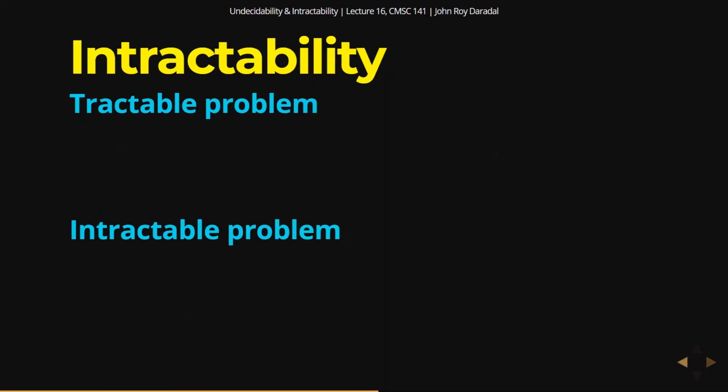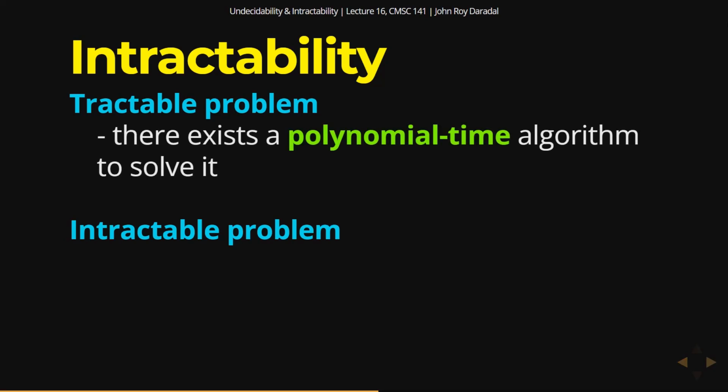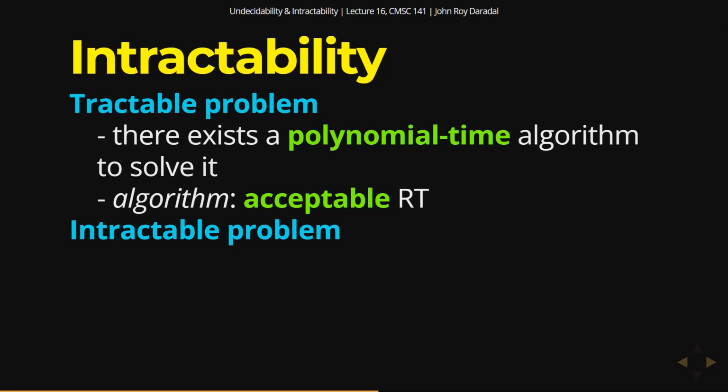Okay, so if we have a tractable problem, there exists a polynomial time algorithm to solve it. The algorithm runs in polynomial time, and this is generally what we refer to when we say acceptable running time. Polynomial time, like O of n squared, n cubed, and so on, as long as it's only in the polynomial power or polynomial factor.